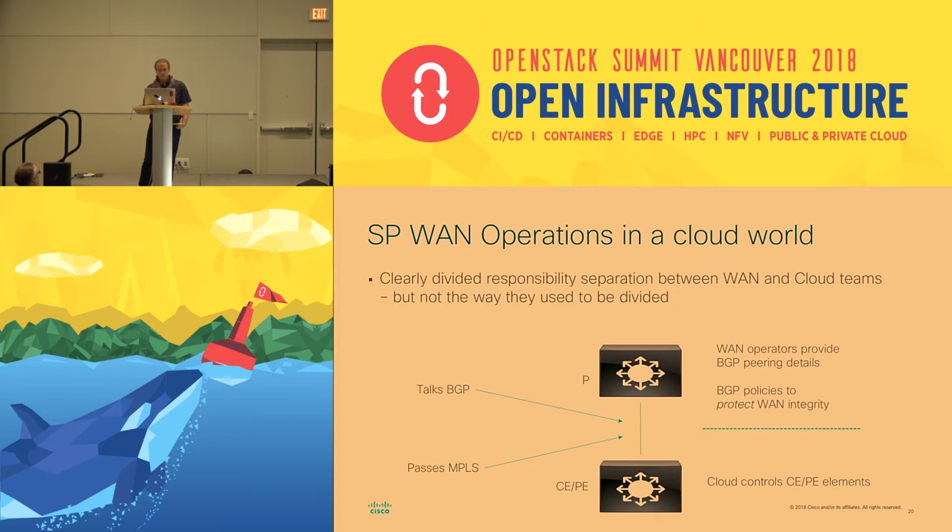So you're the one who's defining what to put into the network, with the exception that the WAN operator is still the one defining the necessary policies to make sure that your WAN is still working as expected and you have some kind of integrity. Otherwise, you would run into the risk of the cloud operator advertising IP addresses you don't necessarily want to have in the cloud or in the service provider network.